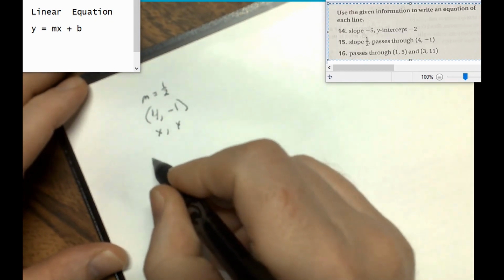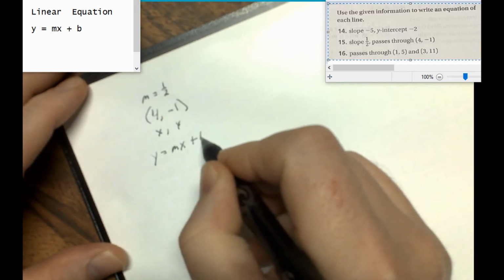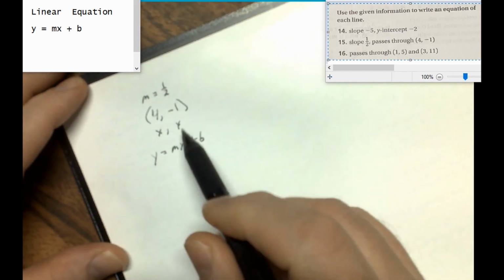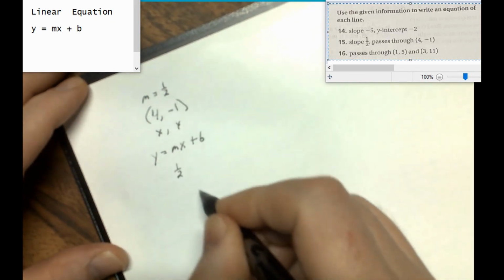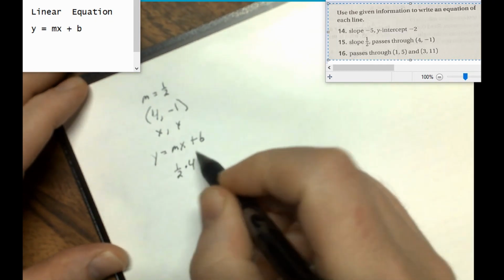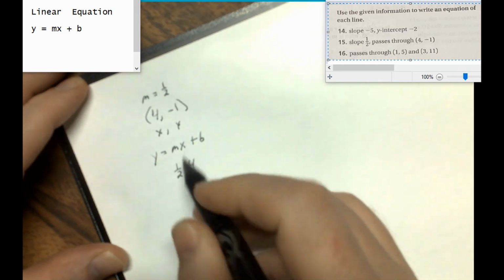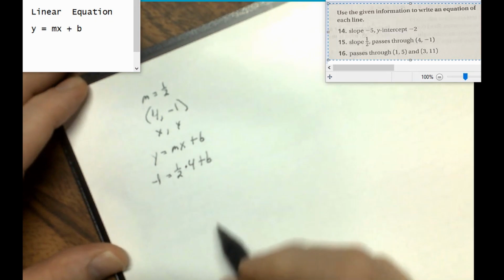So our linear equation is y equals m times x plus b. We're given our slope, which is m, 1/2. We're given our x-coordinate, which is 4, and our y-coordinate, which is -1, leaving us with b.